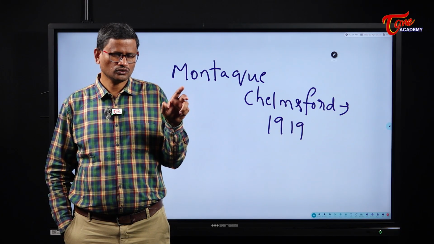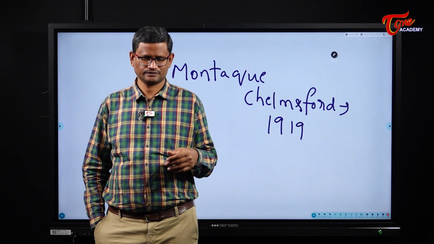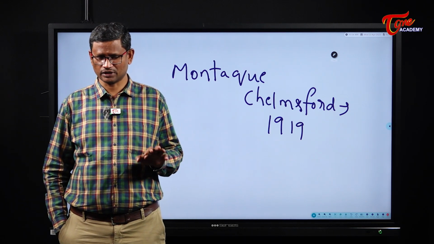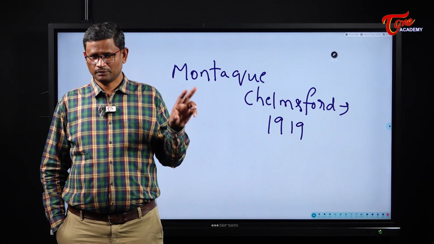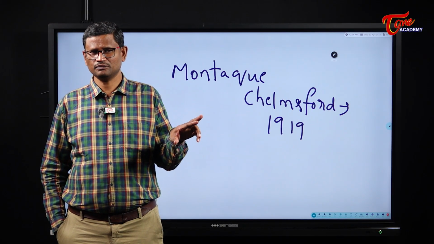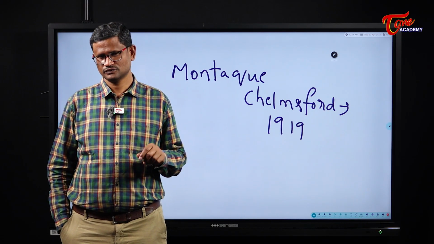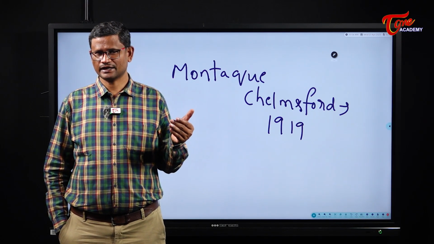So this led to a dual government at the provincial level, that is called diarchy. Diarchy was a miserable failure because the members of the Executive Council who were in charge of reserved items and the Indian ministers who were in charge of transferred items did not work together. So that's the reason why diarchy failed.